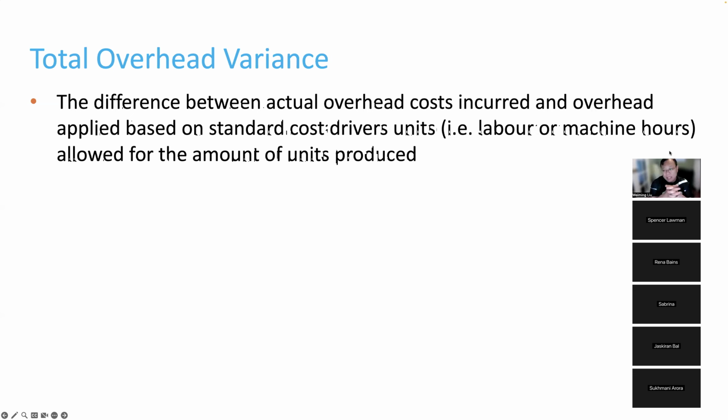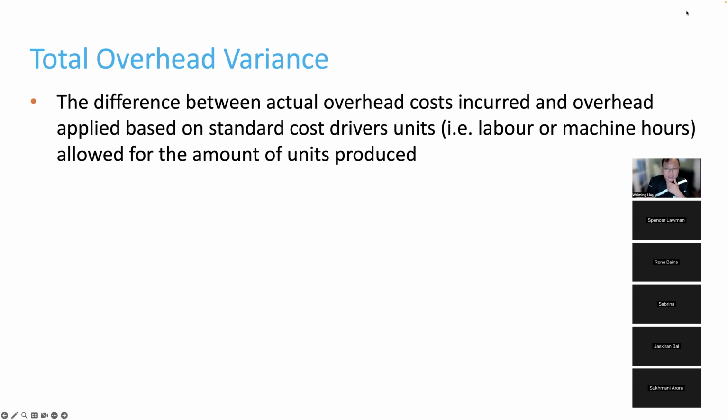The overhead applied in this case is based on the 840 units produced, and by standard, how many cost drivers, in this case the direct labor hours, are allowed. So it's based on that direct labor hour.